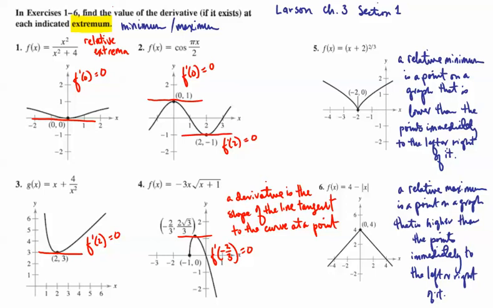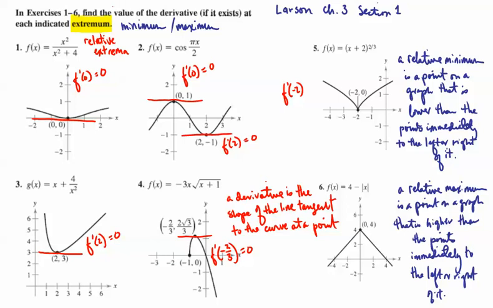But in number 5 and 6, we're going to see 2 examples where the graph is not smooth at that point, and yet we still have a minimum or a maximum. So in problem number 5, we have a relative minimum. It's a point at negative 2, 0 that's lower than the points immediately to the left or to the right of it, but the derivative is not 0 there. What do we say about the derivative there?